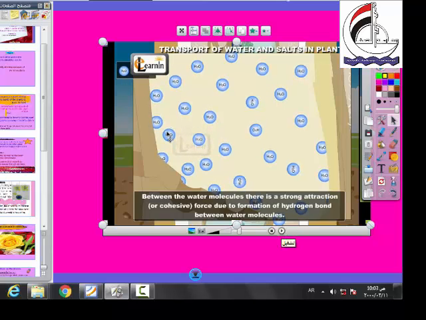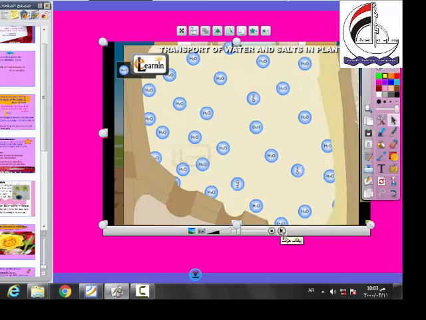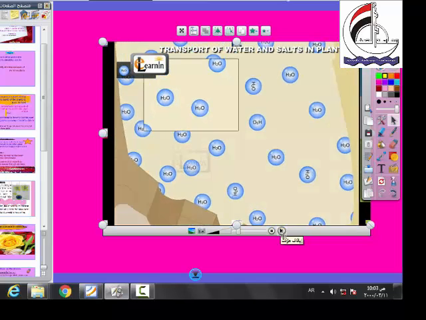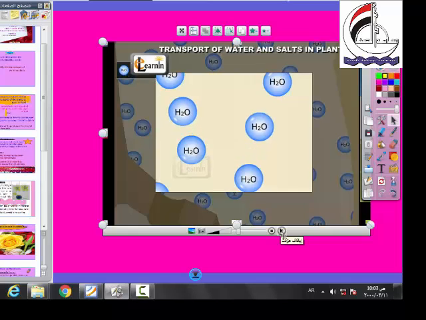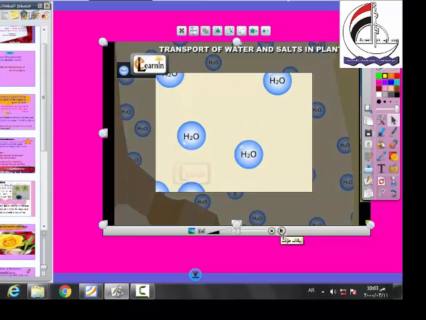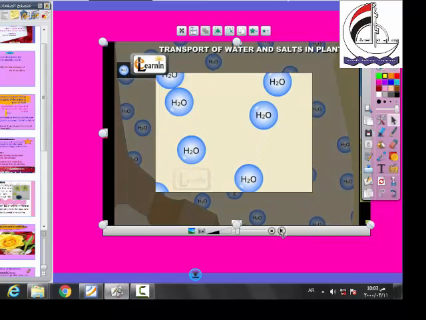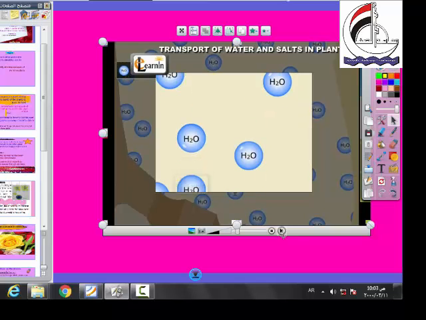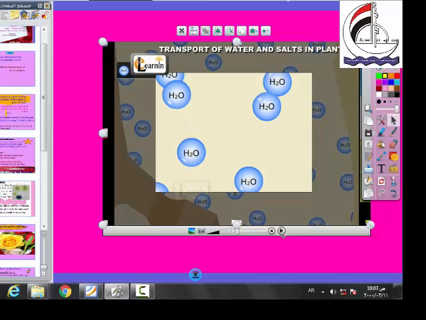Water molecules, primary, do you know H2O? There is a strong attraction force due to the formation of hydrogen bonds between water molecules. Because of this, thousands and thousands of water molecules attach to the water molecules present on the walls, thus forming a continuous column of water molecules.